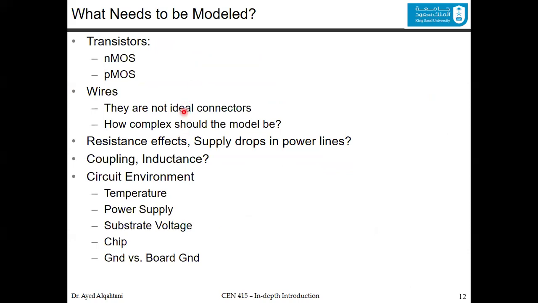What needs to be modeled? We need to model the transistors and the wires, as we mentioned. The transistors being the NMOS and the PMOS, and the wires, they are not ideal connectors. So we need to deal with that, and we need to see how complex the model should be to make it easier to understand.